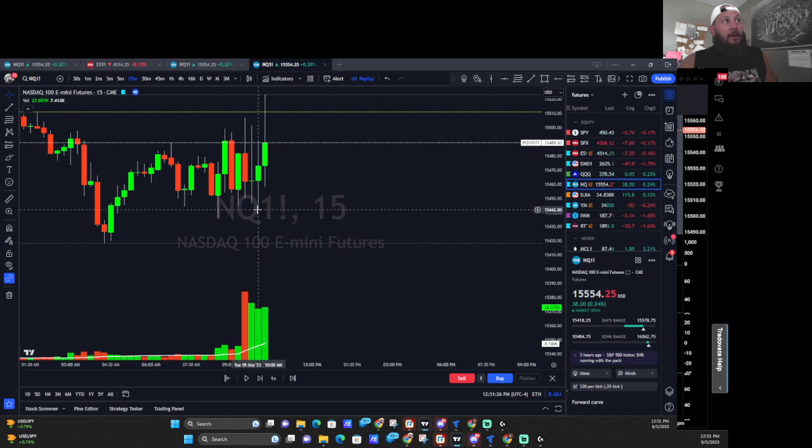Down here it means basically buyers stepped in and brought it back up. So when you see long wicks on the bottom side of candles, most likely buyers are in control or buyers are trying to gain control. When you see longer wicks on the top side of candles, that means that sellers are in control, kind of. Okay, let's go to the next candle.